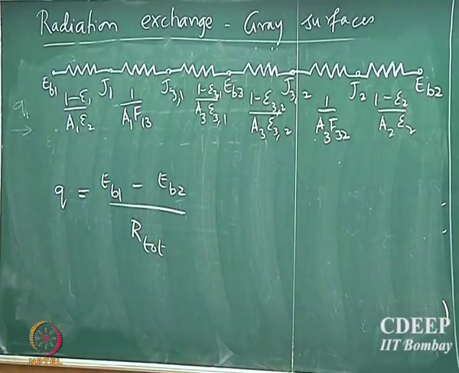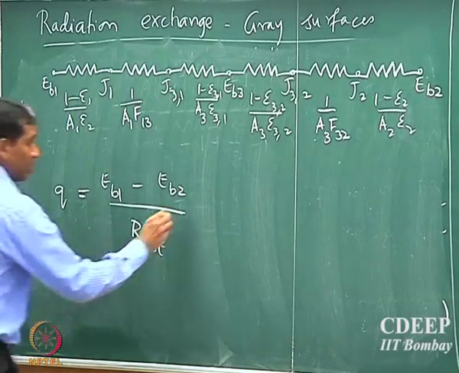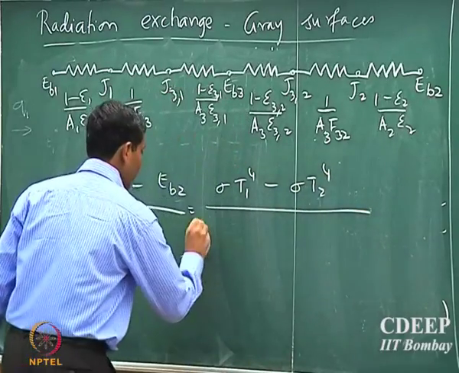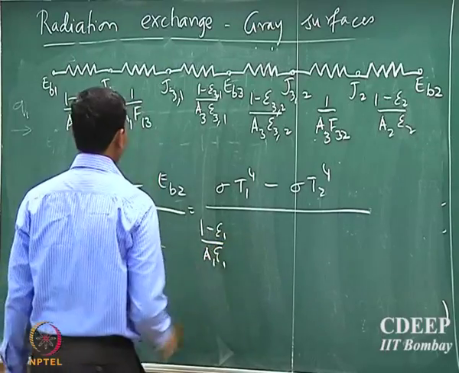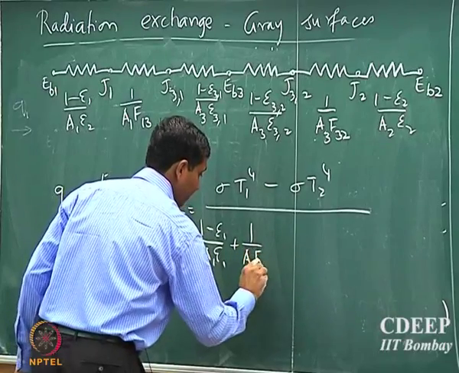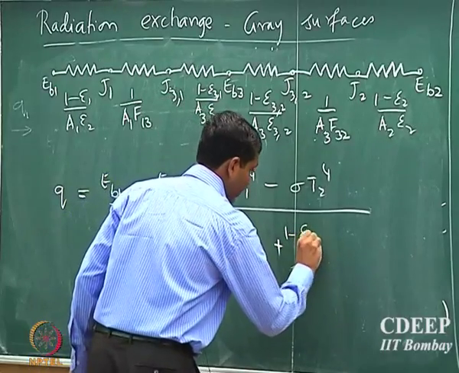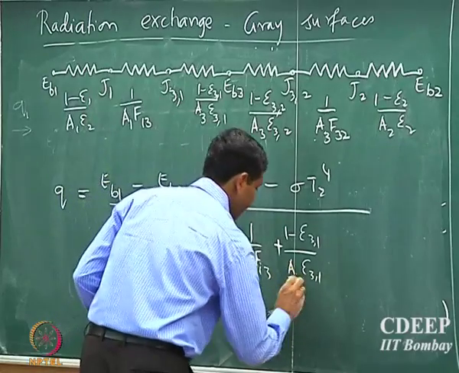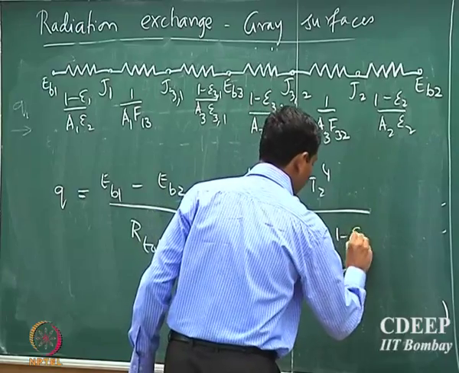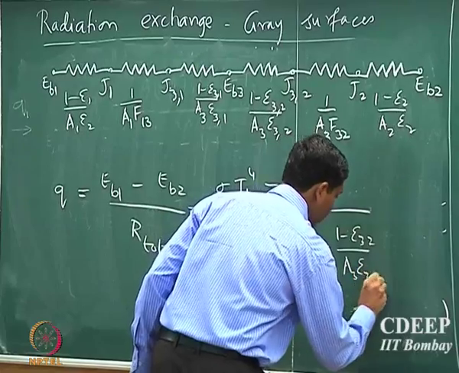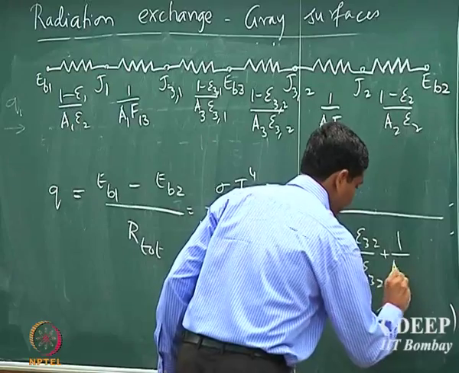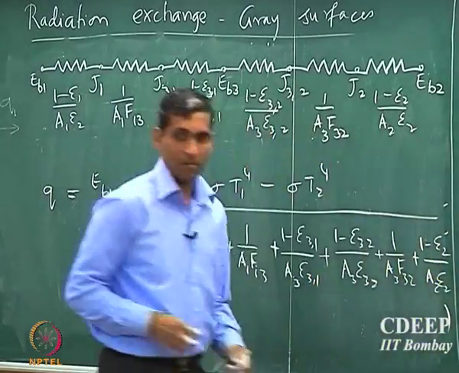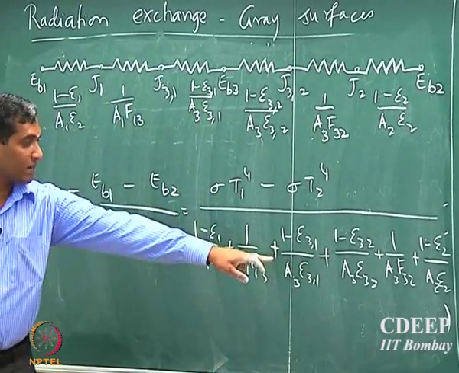The resistances are in series, so that will be sigma T1 to the power of 4 minus sigma T2 to the power of 4, divided by (1 minus epsilon 1) by A1 epsilon 1, plus 1 by A1 F13, plus (1 minus epsilon 31) by A1 epsilon 31, plus (1 minus epsilon 32) by A3 epsilon 32, plus 1 by A3 F32, plus (1 minus epsilon 2) by A2 epsilon 2. So, what is F13 and F32?